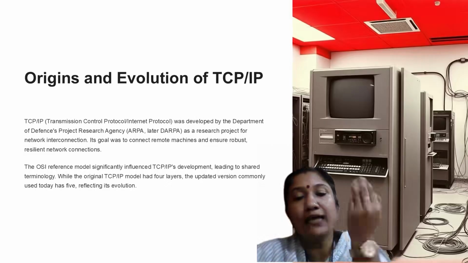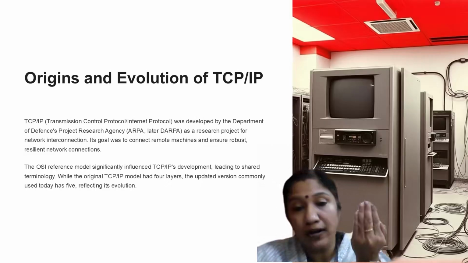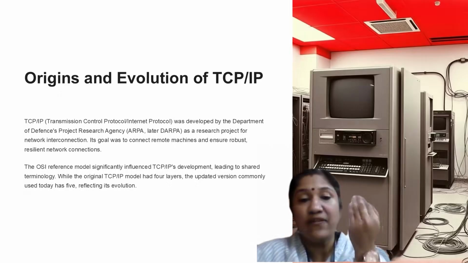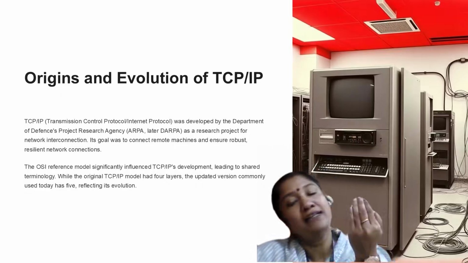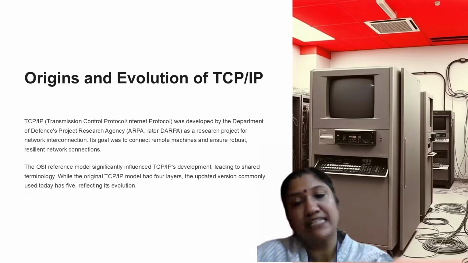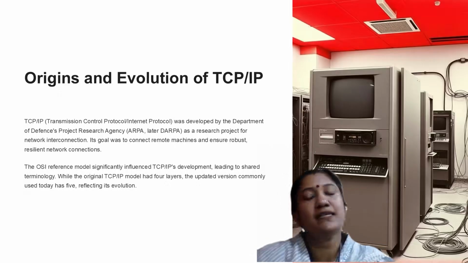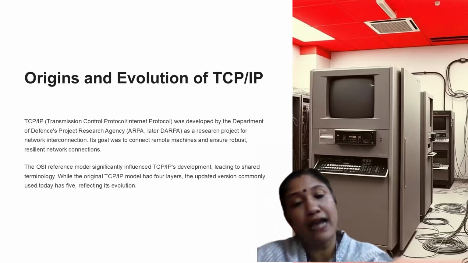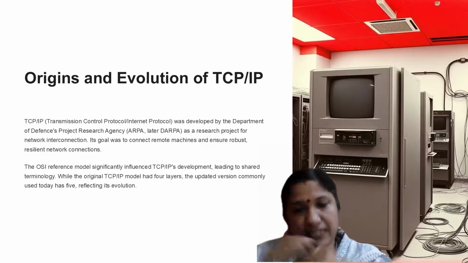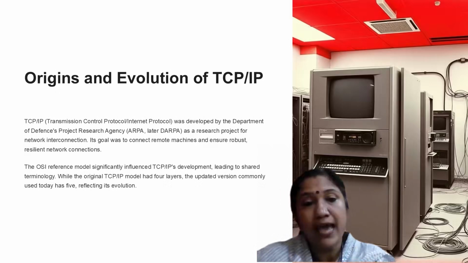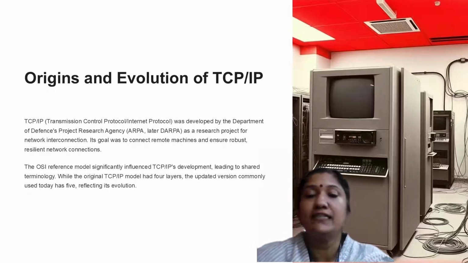Before that, there was another model known as the OSI reference model, which included 7 layers and significantly influenced TCP/IP's development, leading to shared terminologies. TCP/IP is quite simplified and has 4 layers, with the updated version commonly used today having 5, reflecting its evolution.